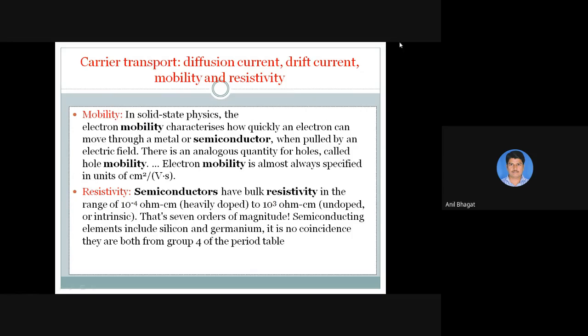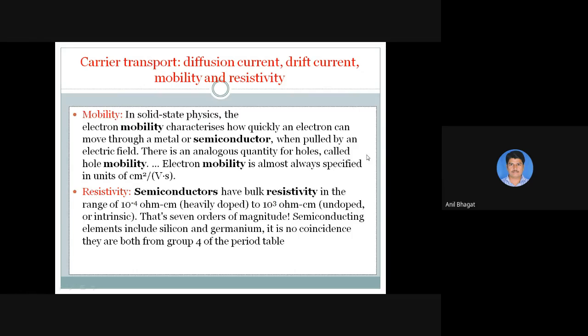So mobility is also important. The third parameter is mobility. Mobility is denoted by small u. You know the small u, right? Mobility is a very important parameter if you analyze the actual semiconductor material. In solid state physics, we call it the electron mobility: the characteristic of how quickly electrons can move through a metal or semiconductor.